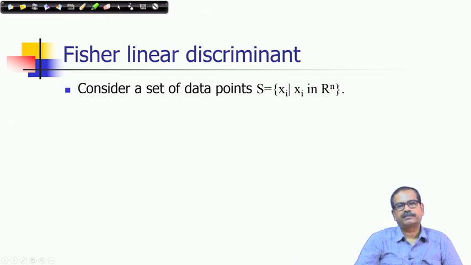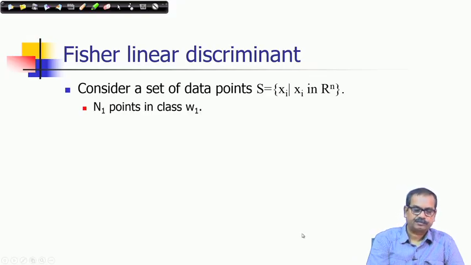Let me now explain the computational problem involved in this particular analysis, Fisher's linear discriminant analysis. Consider a set of data points, as we have considered in the previous cases also.